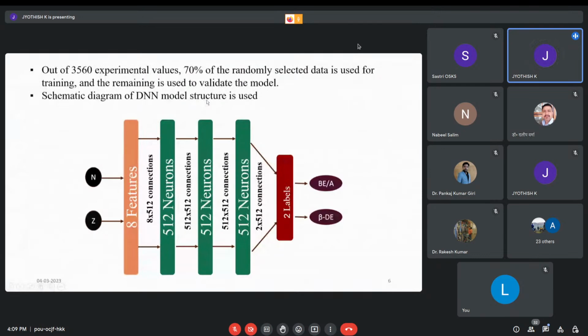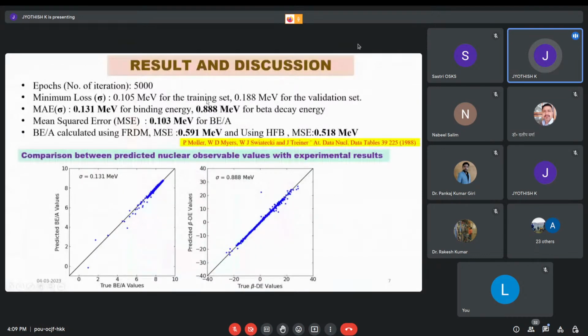So, results and discussion. For getting better results, we have iterated our model up to 500 times, in order to get the error to become minimum, that means minimum loss, so that our output will be more accurate with the experimental result. Here our minimum loss becomes 0.105 MeV for the training set and 0.188 MeV for the validation set.